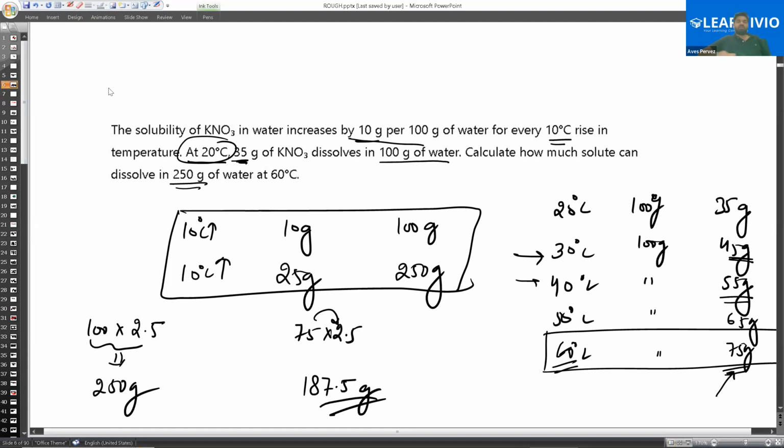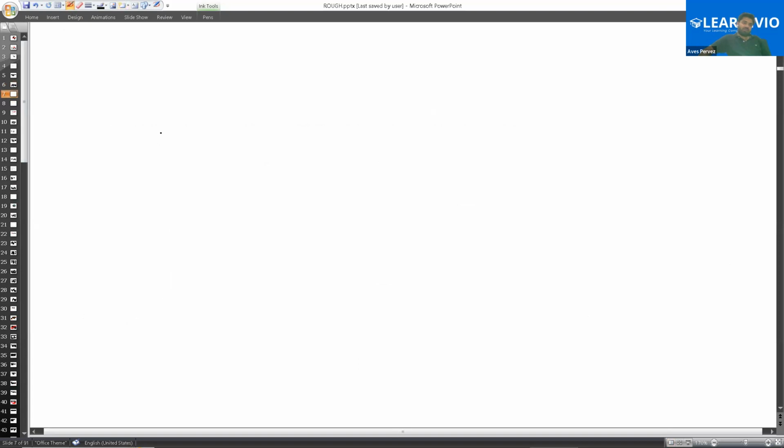Yes, sir. For every 10 degree rise in temperature, in 100 gram, you can add extra. For example, you start heating a pan, and there is some water in it. You notice that at 20 degrees Celsius, let's suppose you can add 35 gram of sugar or potassium nitrate to it, if this water is 100 gram.